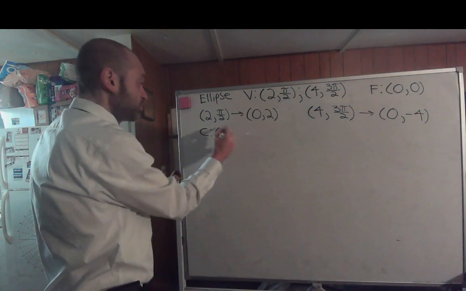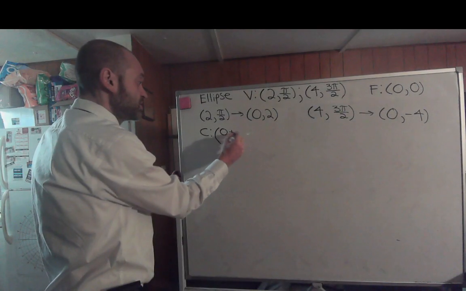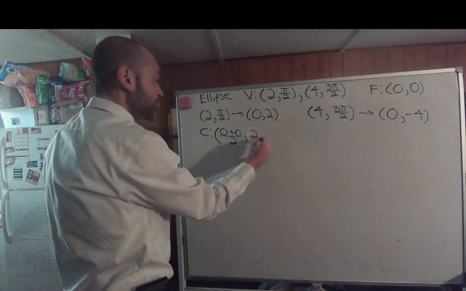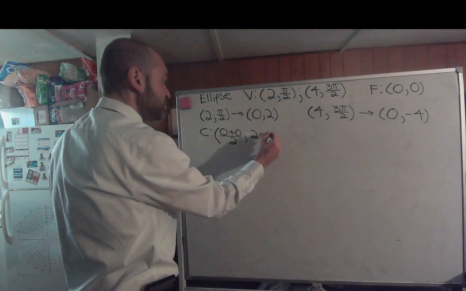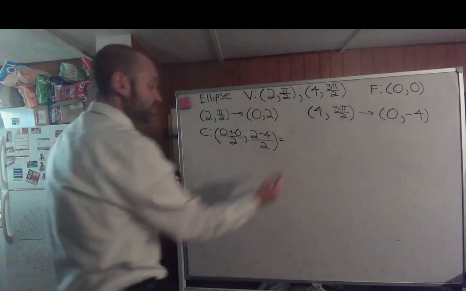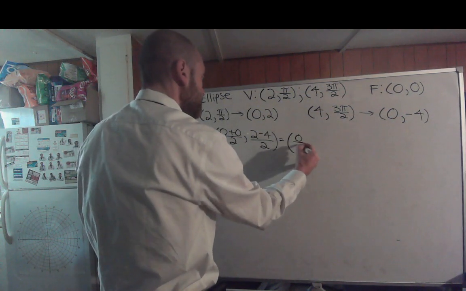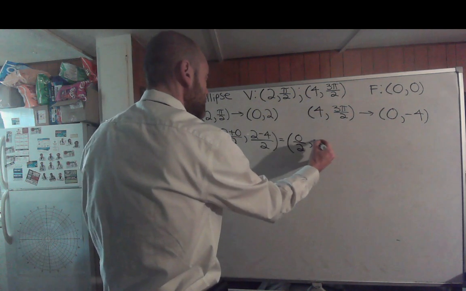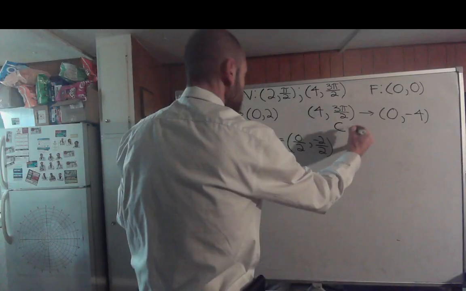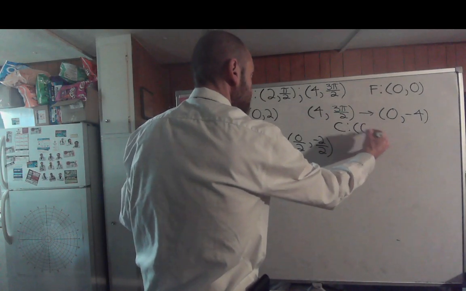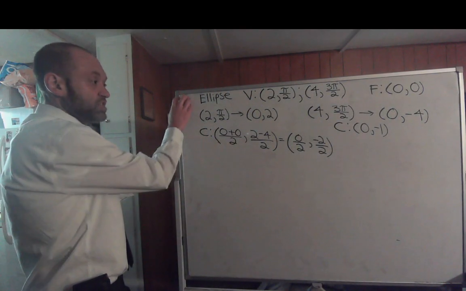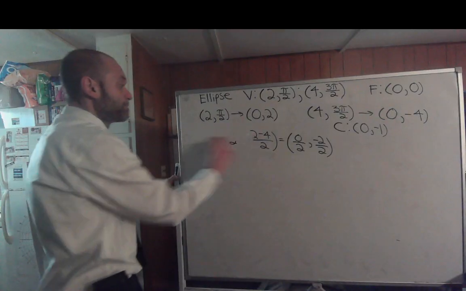Well, x1 is 0, x2 is 0, so 0 plus 0 over 2. y1 is 2 plus y2 is negative 4, so 2 minus 4 over 2, which would simplify into 0 over 2, and then negative 2 over 2. So your center of this particular ellipse is going to be at (0, -1). So now we found the center is going to be at (0, -1).